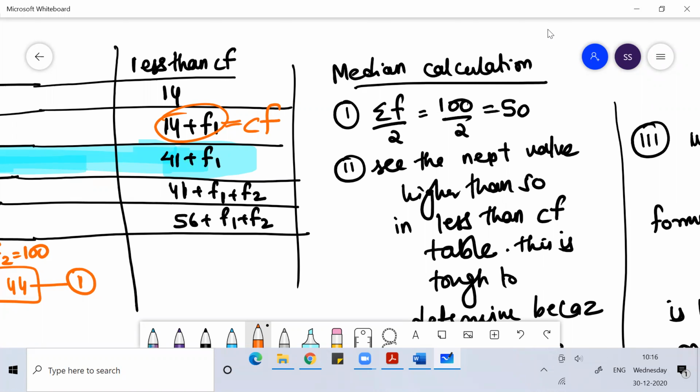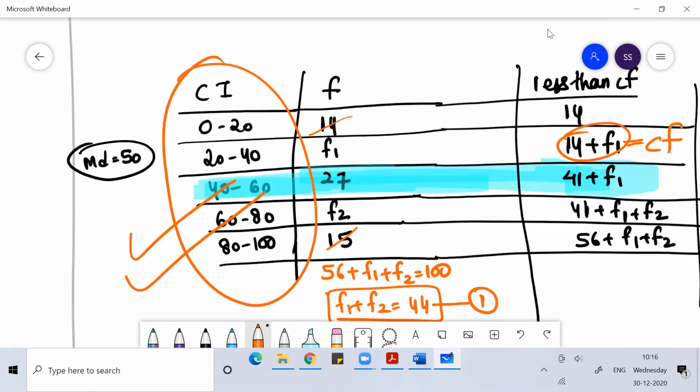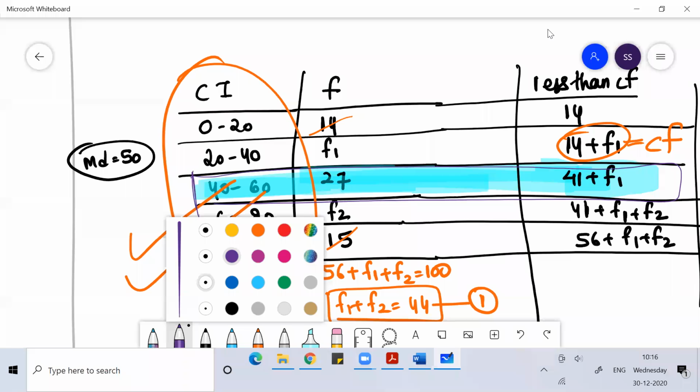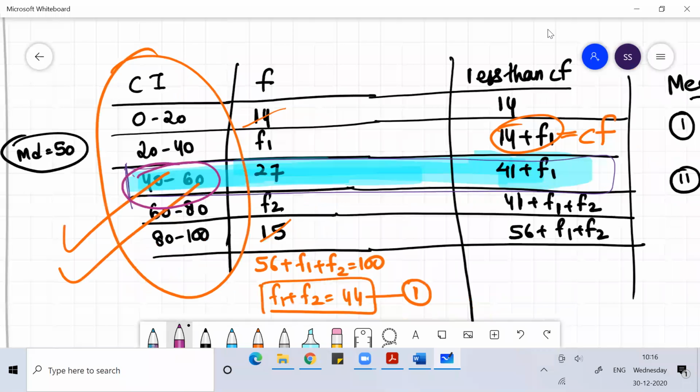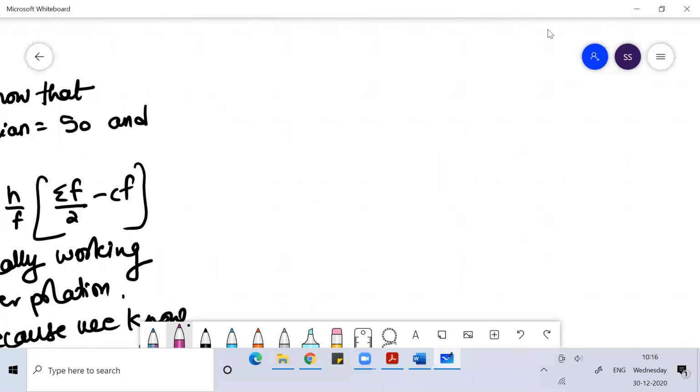So you have to understand the median is 50, and that is possible only when your required class interval is 40 to 60. Because you know your median is 50, the required class interval should be 40 to 60.